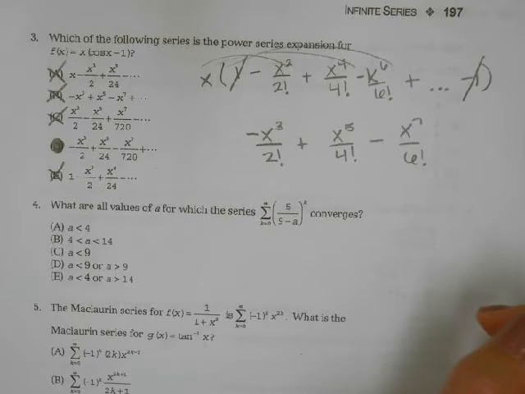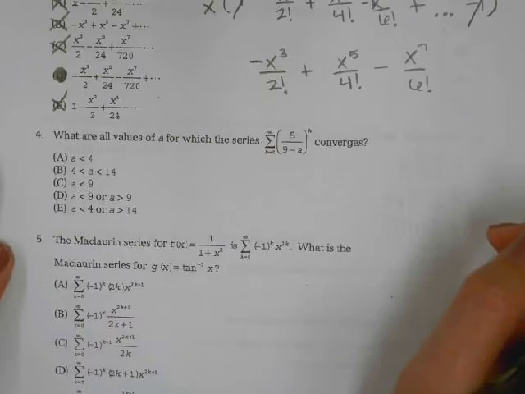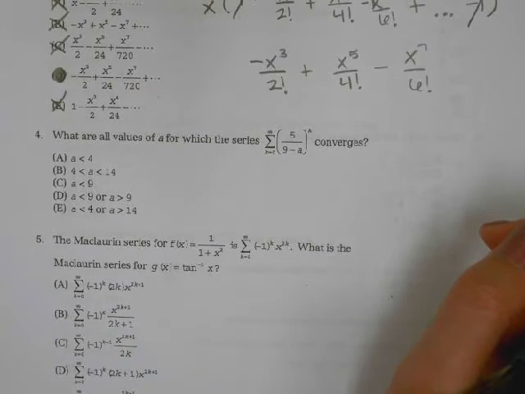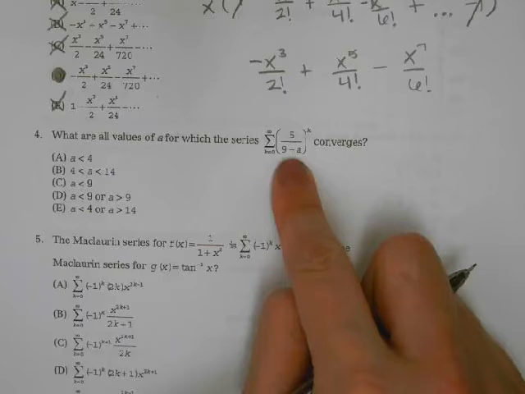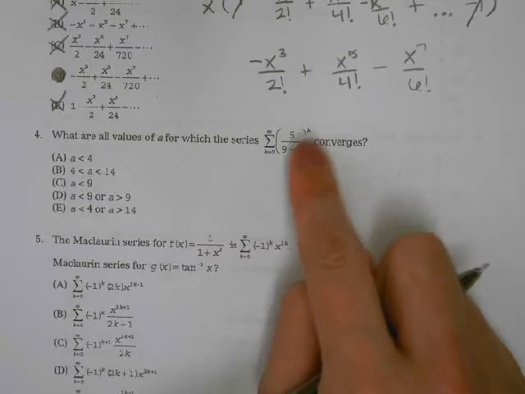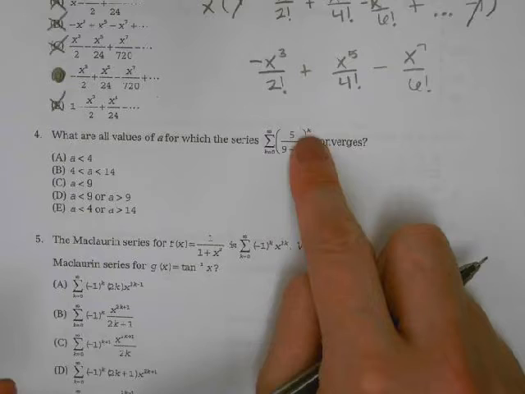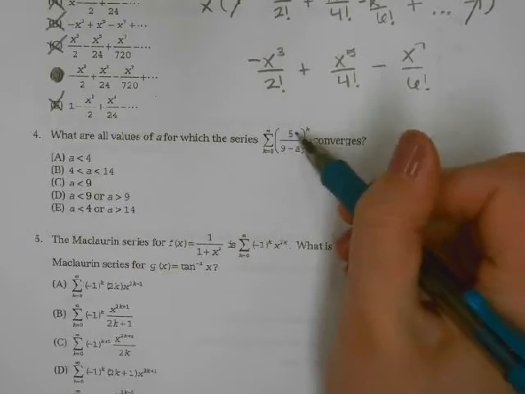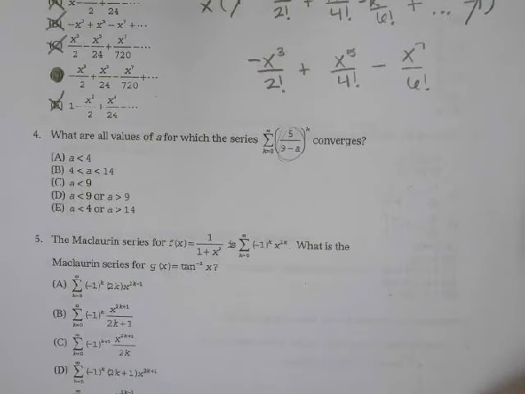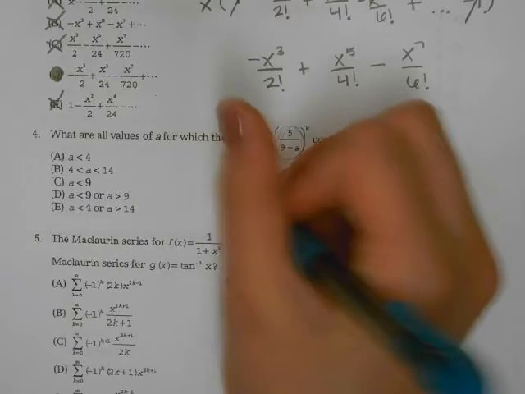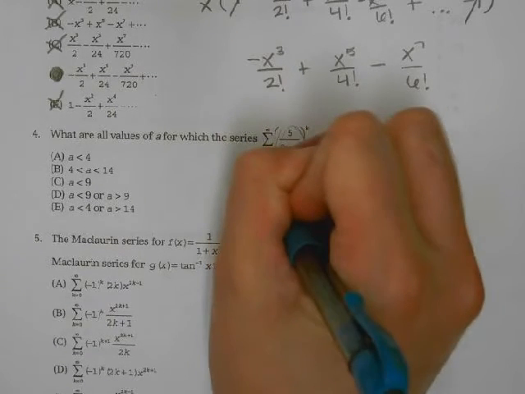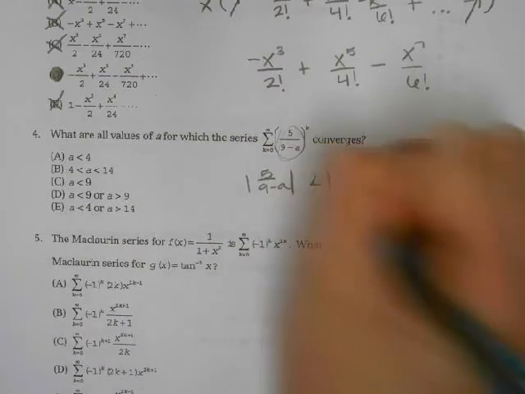All right. What are all the values for which this series converges? If you look, a number to an exponent, this is a geometric series. So what is in here is the R value. And we know that the absolute value of R has to be less than 1. So I wrote 5 over 9 minus A has to be less than 1.